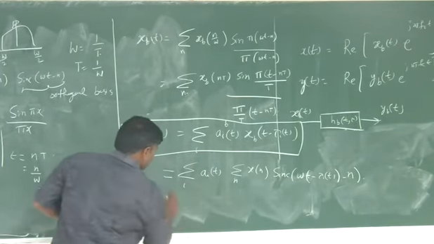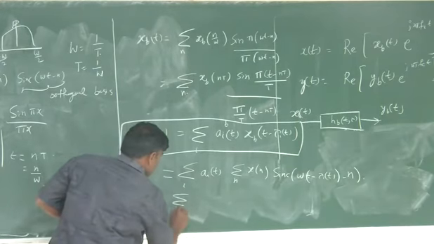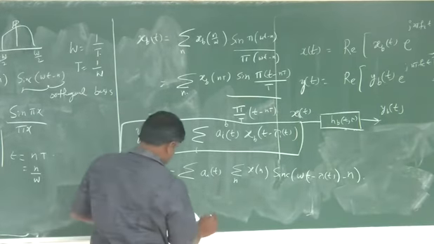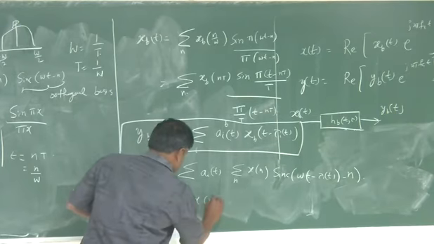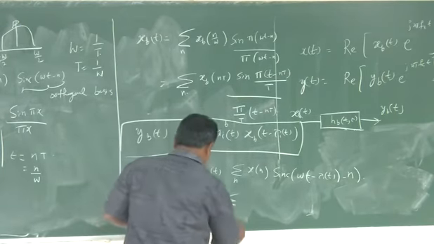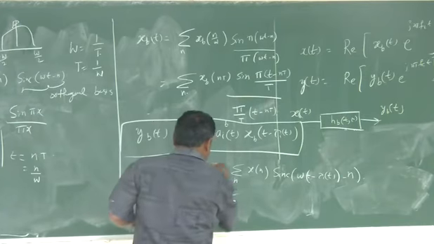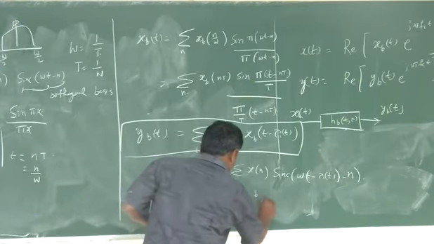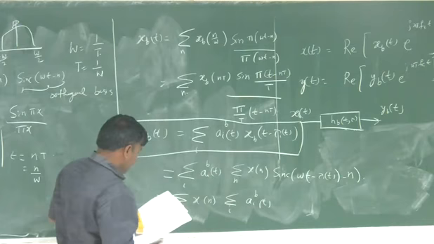Now we'll move this summation outside of n, the b here being baseband.